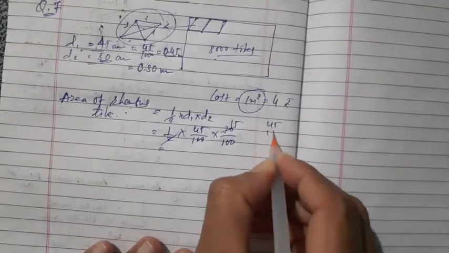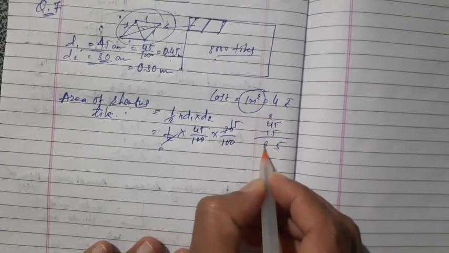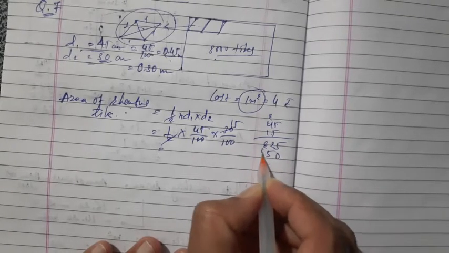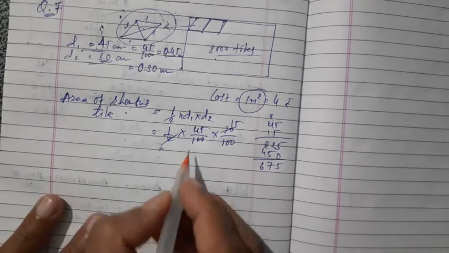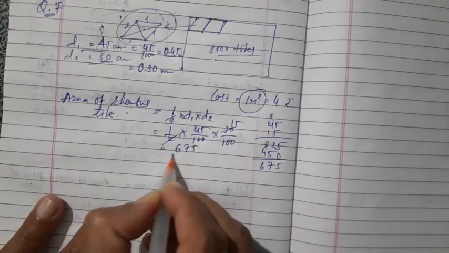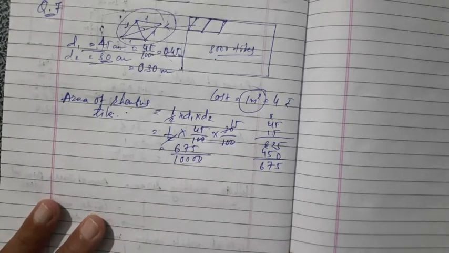So 45 into 15 equals 675, divided by 10,000.